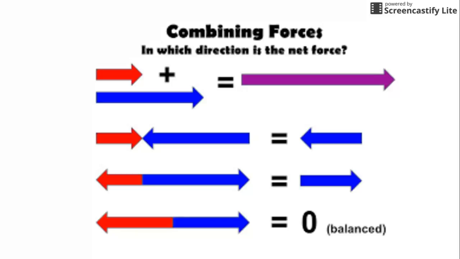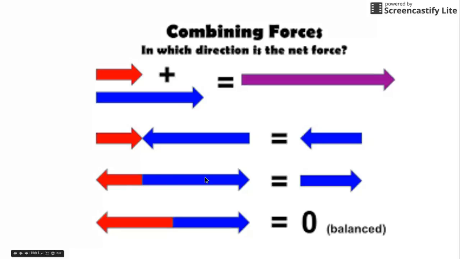So when we combine forces, you need to figure out what direction the force is moving in. Like in this first one, we have two forces both pushing to the right, so it becomes a bigger force pushing to the right. If there's a lot going towards the left and a little coming towards the right, you'll notice that the difference between the two forces is what's left over.